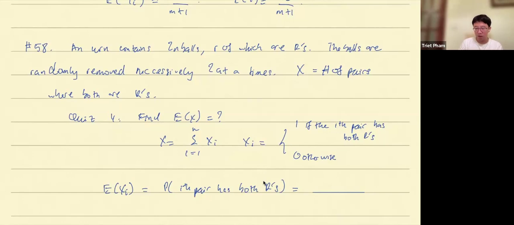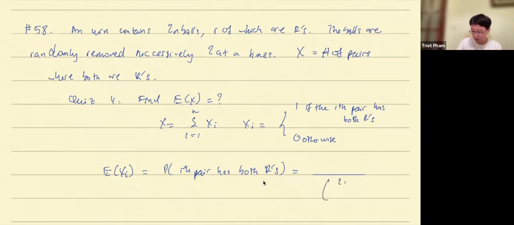All right, so this is just a counting argument. You're focusing on two balls out of 2n balls, whatever they are. So there are 2n choose 2 ways for that to happen. Now, out of these 2n choose 2 ways, how many ways for them to be both reds? Well, the answer is R choose 2, because you must choose both of them from the red collection.